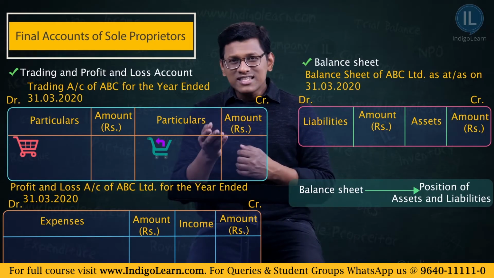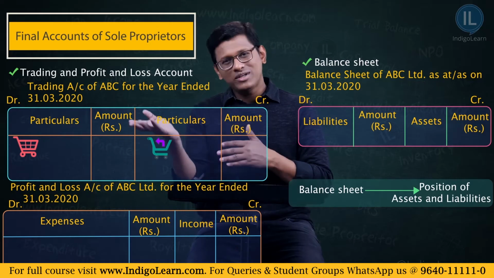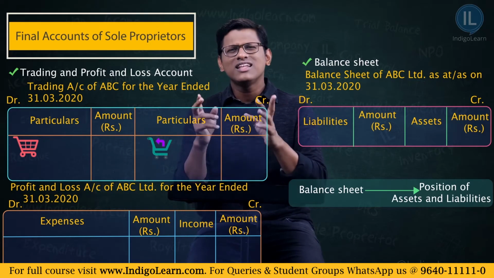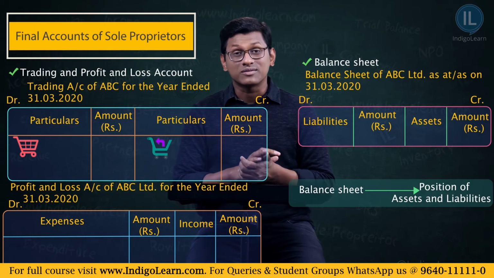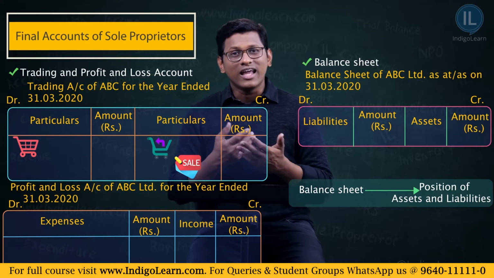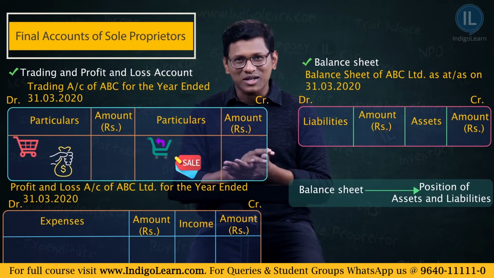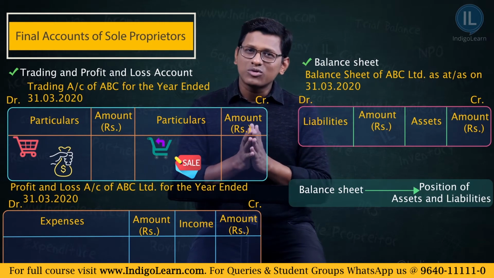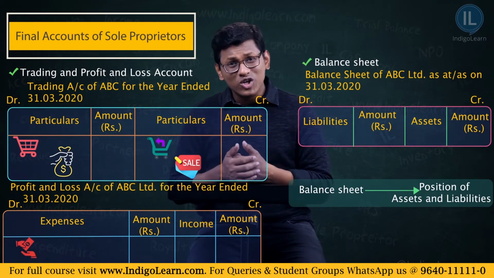Fine. Purchase returns will be subtracted, which means purchases will be debited to trading account, and purchase returns, conceptually, will be credited to trading account. Then sales will go to trading account. Then any manufacturing cost, etc., also will go into trading account. Then salary expense, rent expense will go into profit and loss account.